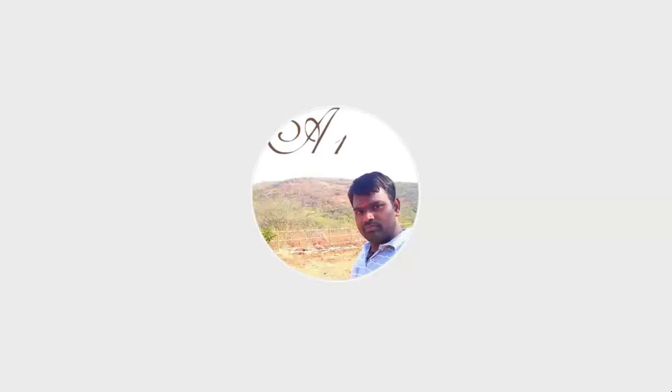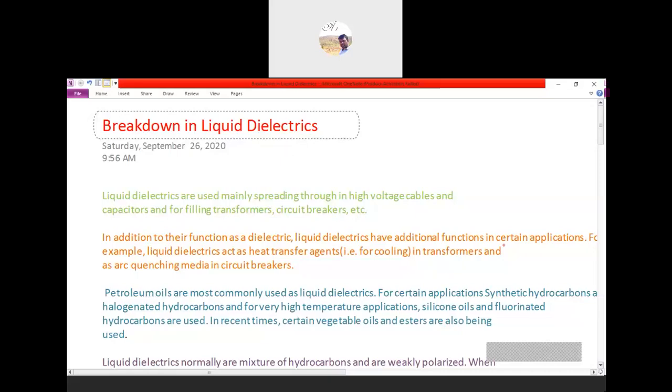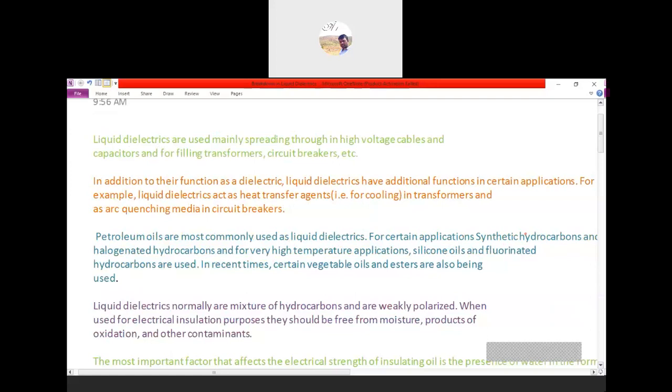Then we have synthetic hydrocarbons, and halogenated hydrocarbons, which are used for high temperature applications.